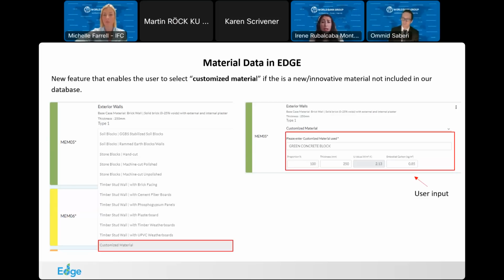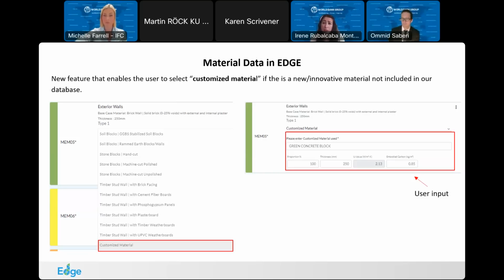The user can claim savings on embodied carbon from customized materials by verifying this material according to ISO 14067, or if they have the material's environmental product declaration, EPD.